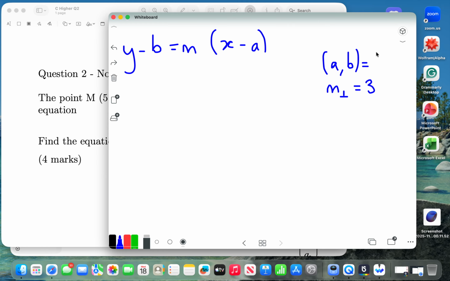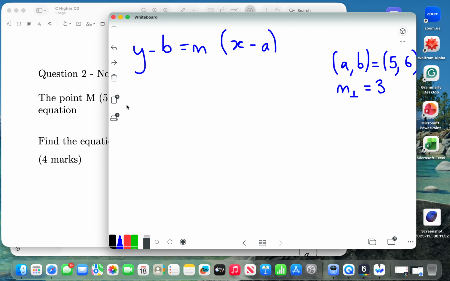Your gradient is 3 and your point is (5, 6). So y minus b is 6, m is 3, and in the brackets is x minus 5.